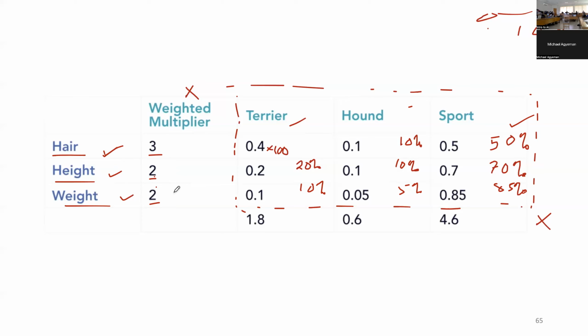And of course, it's a decision you are making. So in that sense, we multiply each probability by the weight that we've assigned to it, and afterwards we find the sum. Then you can tell that there's a stronger chance that it is a sports dog, and much, much less chance that it's a hound, compared to even it being a terrier. Are we okay up to this point?